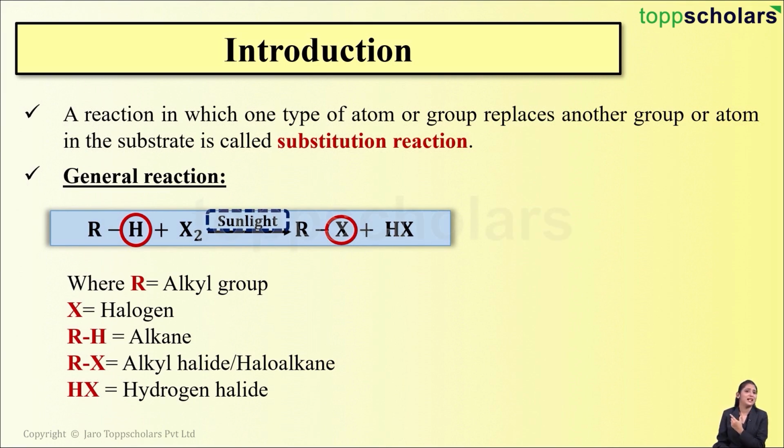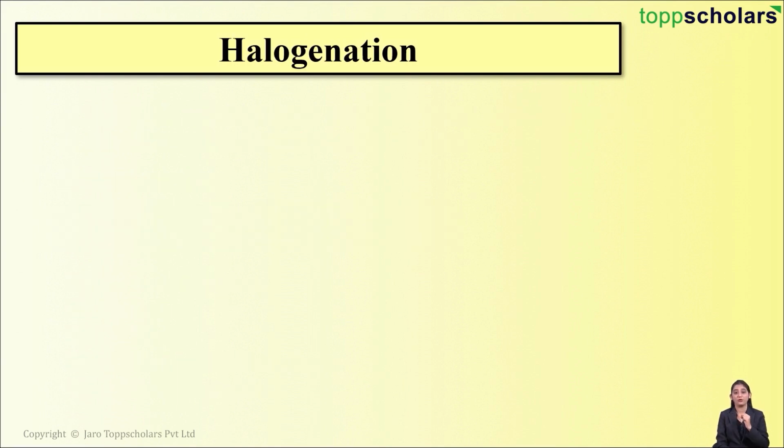So the hydrogen atom of alkane is replaced by the halogen atom, and so it is an example of a substitution reaction. As we said, substitution reactions are reactions wherein one type of atom or group is replaced by another group or atom. One of the best examples of substitution reaction is the halogenation reaction.